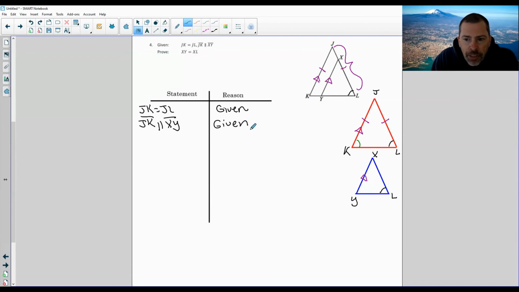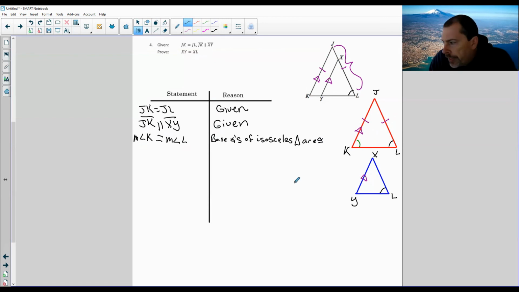So I can now say the measure of angle K is equal to the measure of angle L. And the reason is base angles of isosceles triangles are congruent.